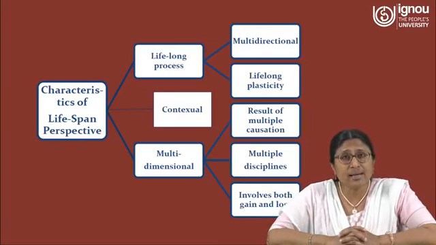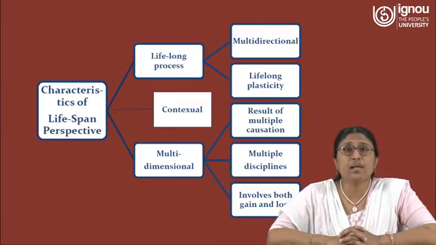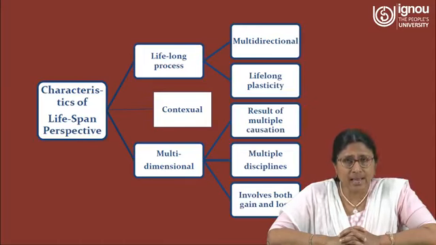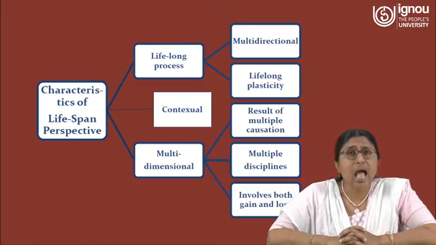And the next one, development is the result of multiple causation. And the next characteristic is that development includes multiple disciplines. When we look at the disciplines, we can see that psychologists, sociologists, anthropologists and developmentalists define the developmental process of the child differently.